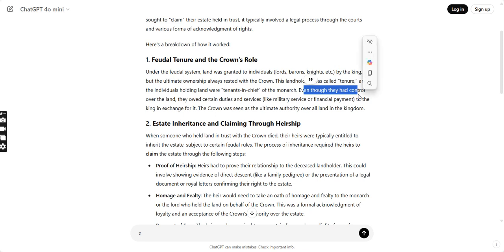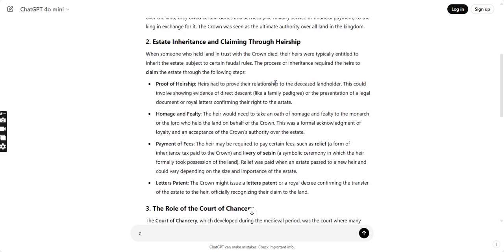Even though they had control over the land, they owed certain duties and services like military service or financial payment to the king in exchange for it. The crown was seen as the ultimate authority over the land in the kingdom. Seems like that's the same thing happening right now here in Belize.